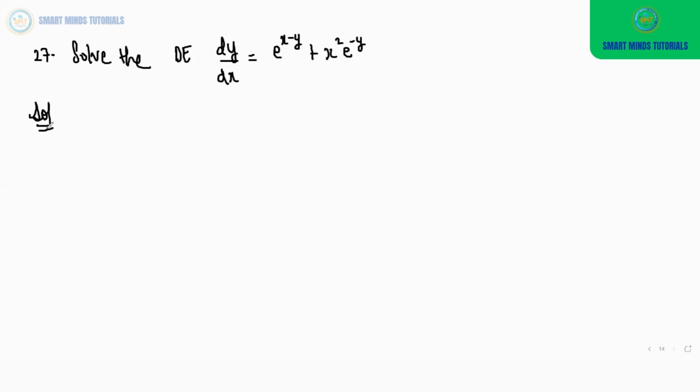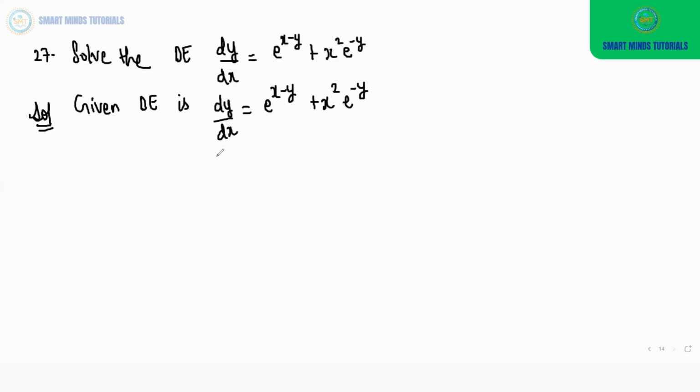Now you see in both the terms we have x and y combined. So there is no chance of separating them directly. So first what I will do is, the given differential equation is dy by dx is equal to e power (x minus y) plus x square e power (minus y).